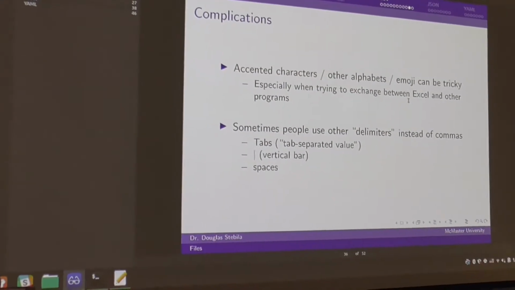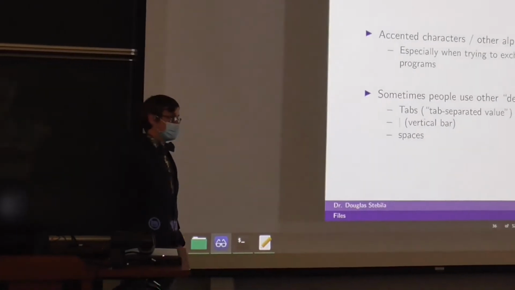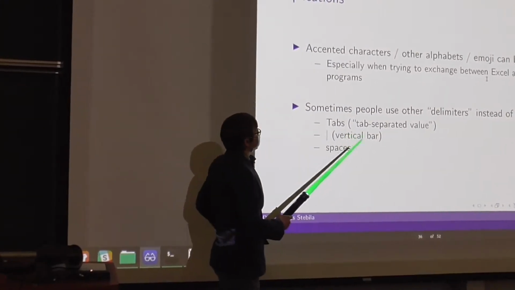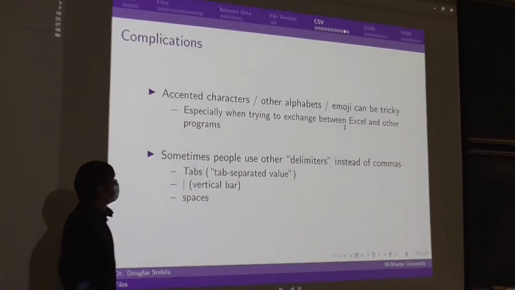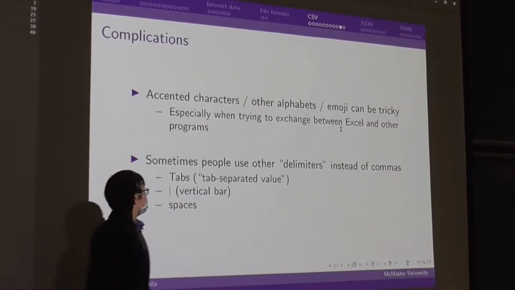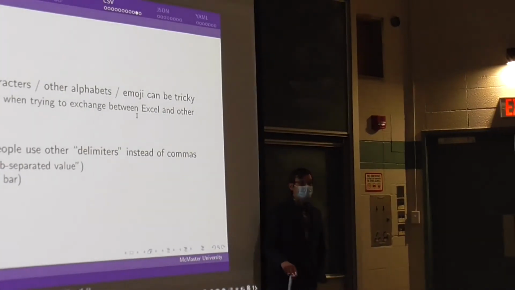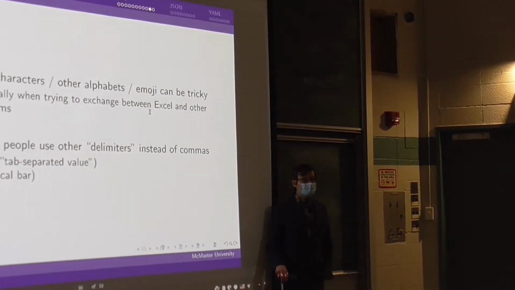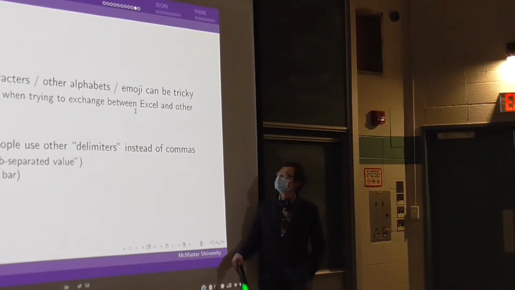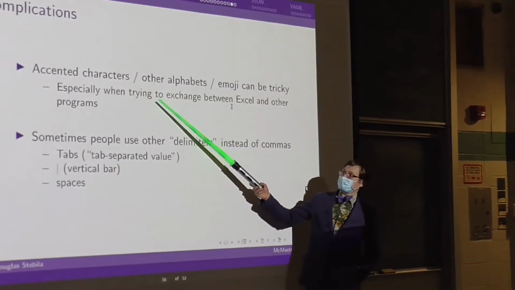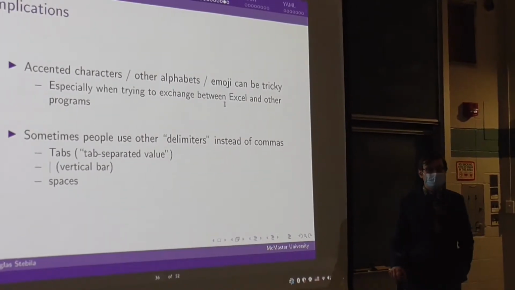So, a couple of final notes about CSV files, and then we'll be on to something completely different. Accented characters in other alphabets or emoji can be tricky, especially when trying to exchange data between Excel and other programs. Some files are UTF-8 encoded. Some files are UTF-16 encoded. All of these characters mentioned tend to be UTF-16 encoded.